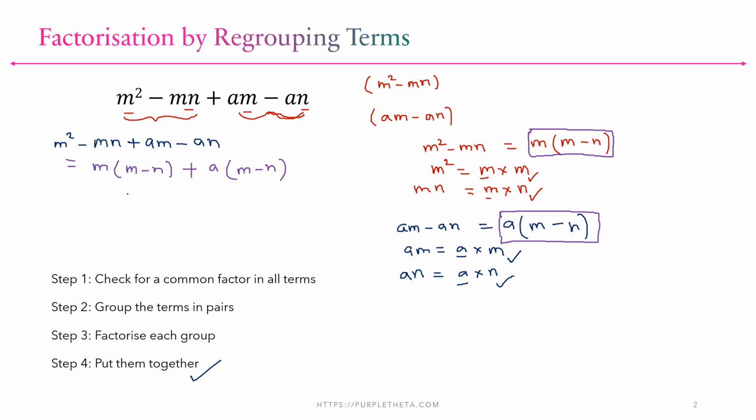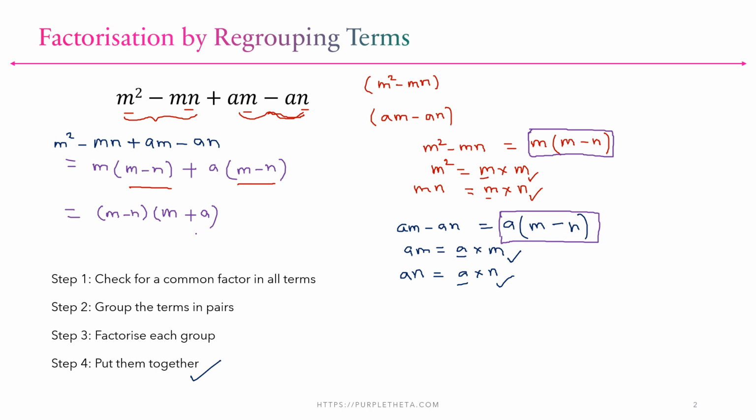Here both the terms have a common factor, that is m minus n. Since m minus n is common in both the terms, we will take m minus n out. What is left from the first term is m plus, and from the second term what is left is a.